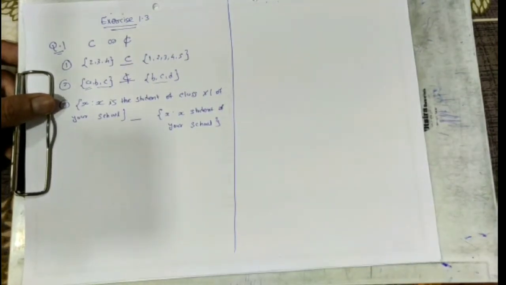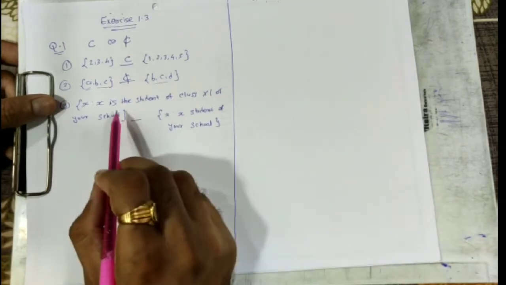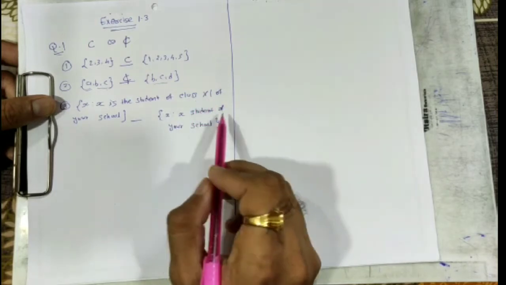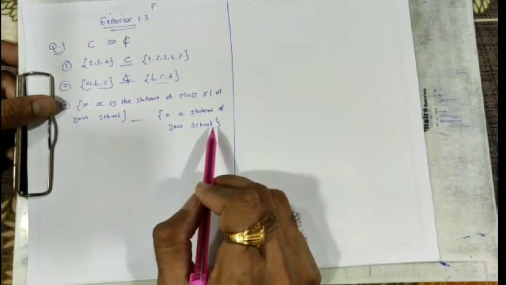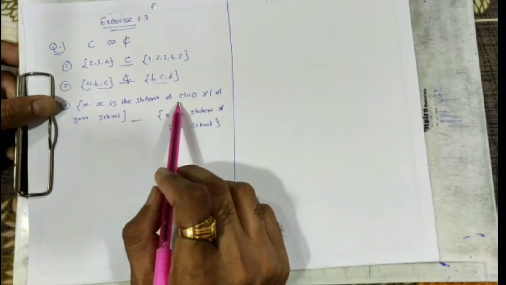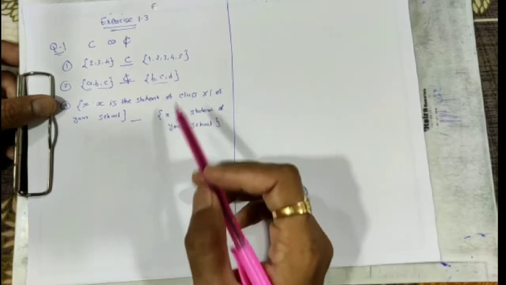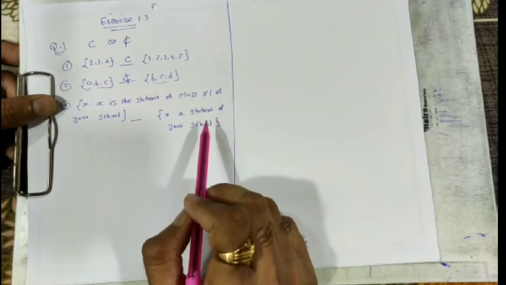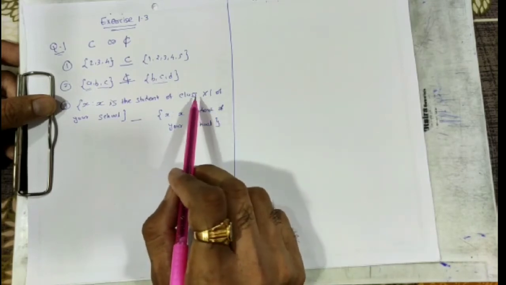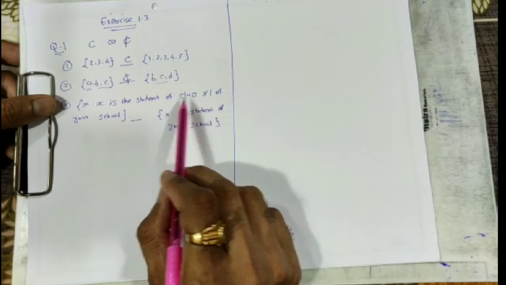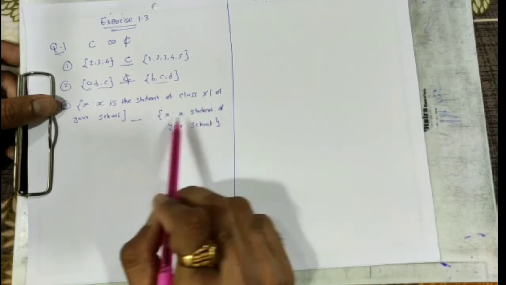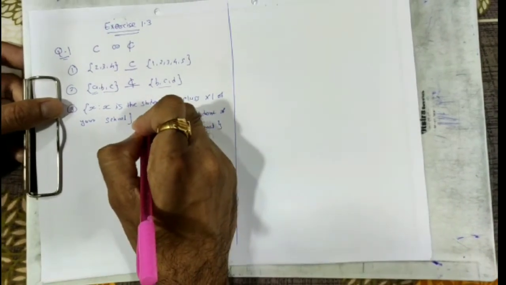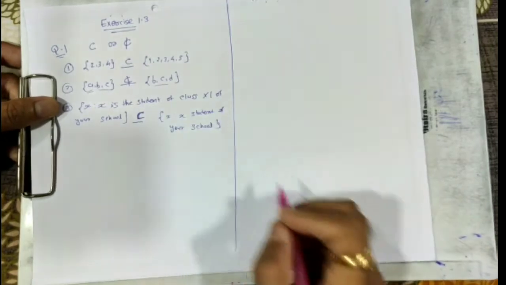All the students of class 11 science are students of our Sanskar Bharati school. They are a part of it. That means all the students studying in 11 science are also students of Sanskar Bharati school. So it is a subset. Is that clear?